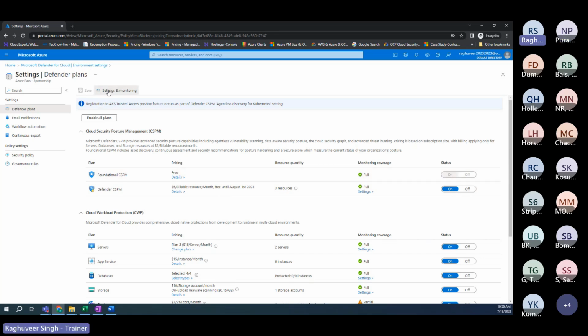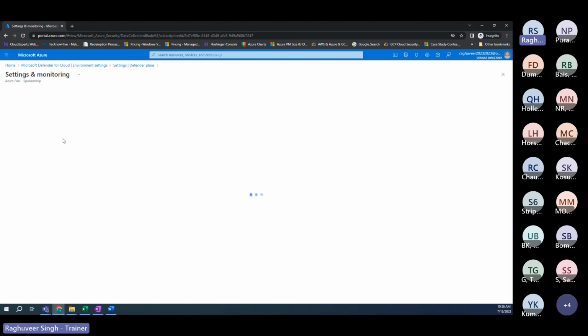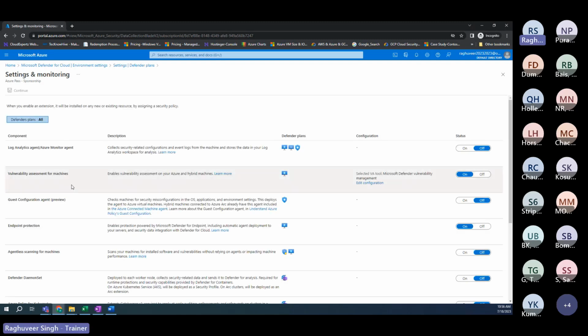So that is what you need to do to enable the Defender. Is everyone done with that? Yes. Great.